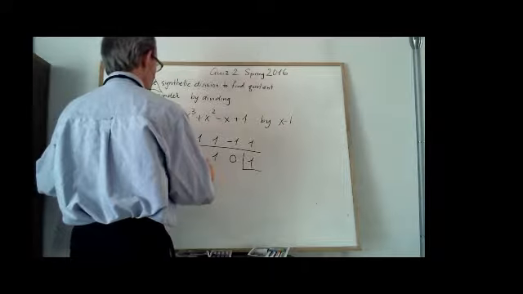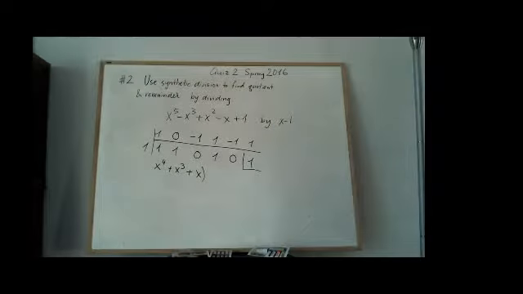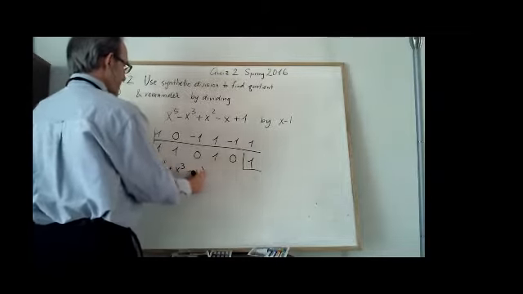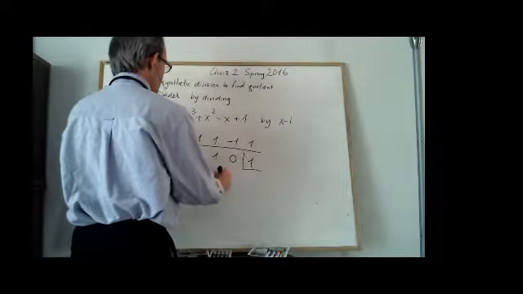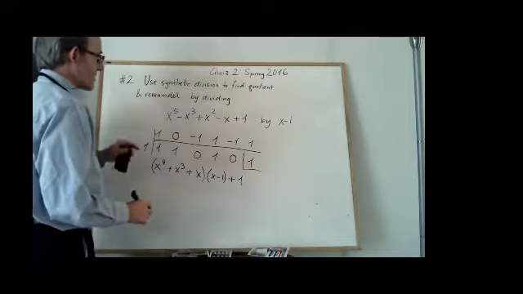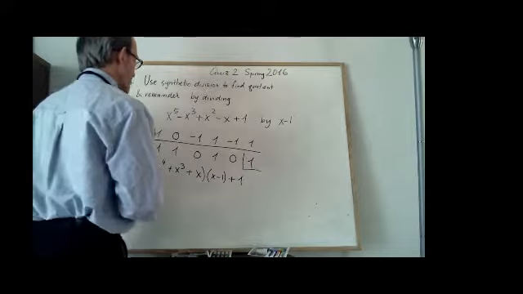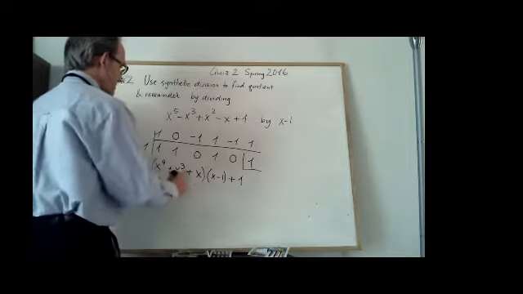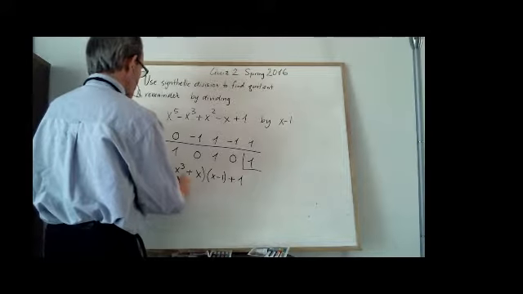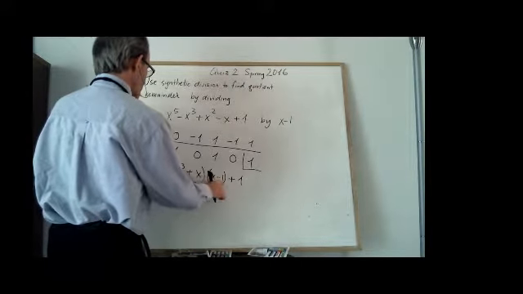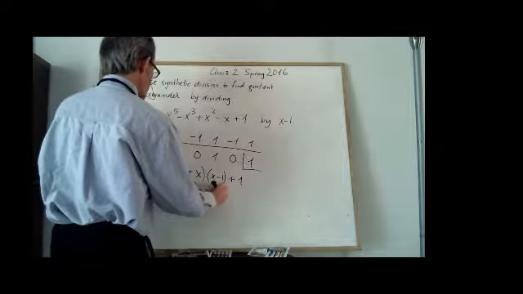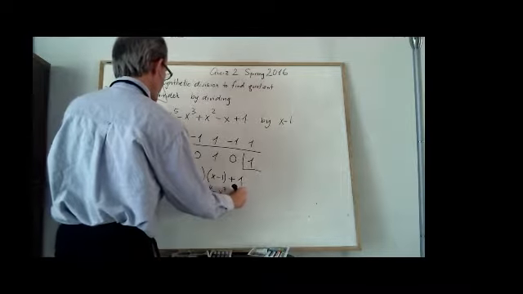Then, I think I was asked to check this as well. Okay, so we're asked to check this answer. We take our quotient and multiply by x minus 1, and then add back in the remainder, and see if we get the original polynomial. So I multiply it out, and I get x to the fifth plus x to the fourth plus x squared, and here minus x to the fourth minus x cubed minus x, and then add 1.